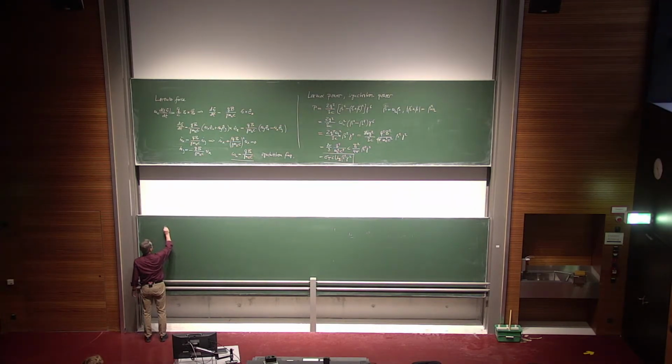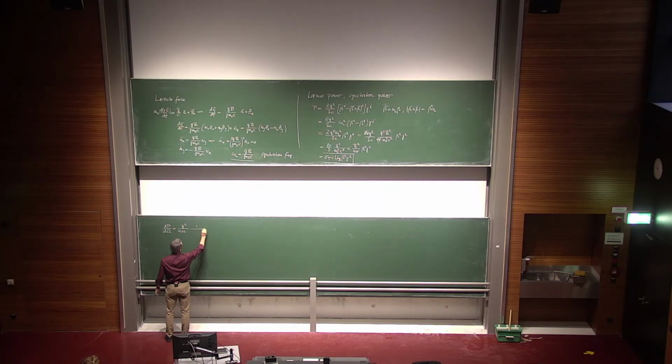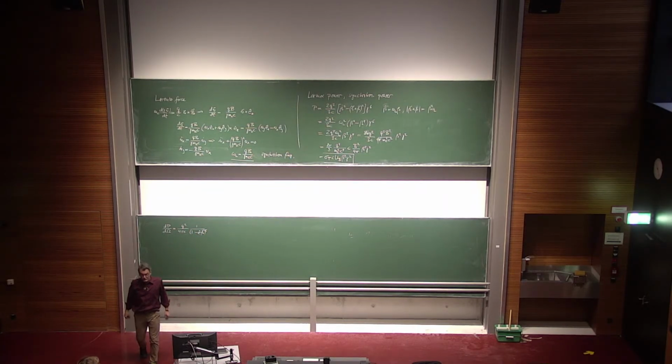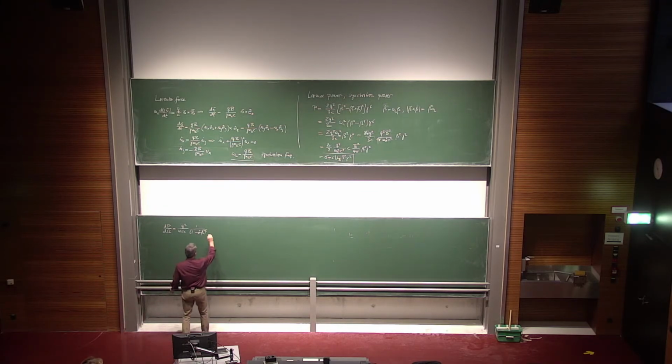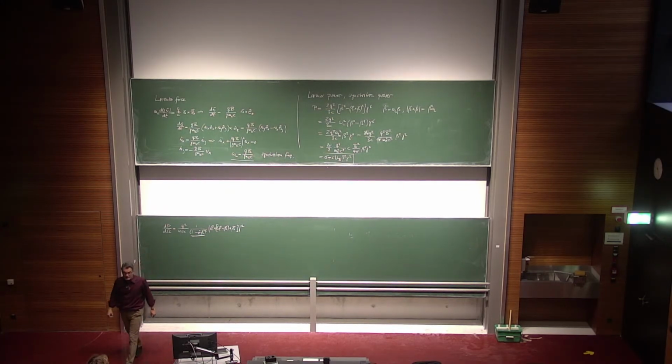So let me write this down again, because I need to come back to an argument that I made when I first wrote this down, right? There's a factor of the fifth power here. So now I want to have a look at what this is.